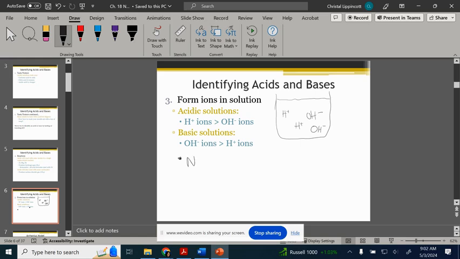Neutral. Neutral, right. That is where you're going to have your H+ equaling your OH-. So those amounts will equal one another, and that's called a neutral solution.